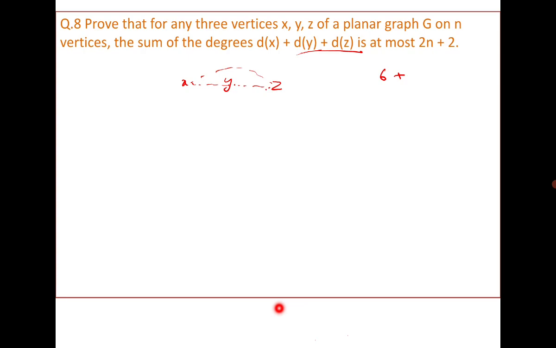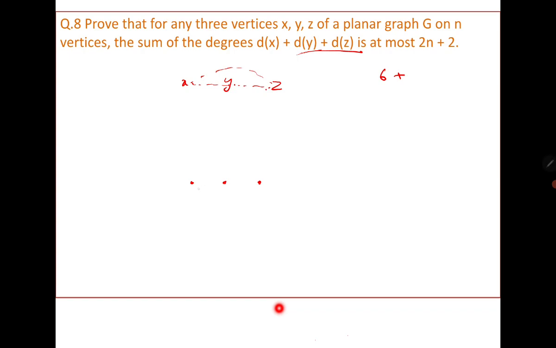So planar means that it should not have K33 as a subgraph. Now there are remaining n minus 3 vertices. Among the n minus 3 vertices, there cannot be 3 vertices which are adjacent to all of x, y, z, because then there will be K33.